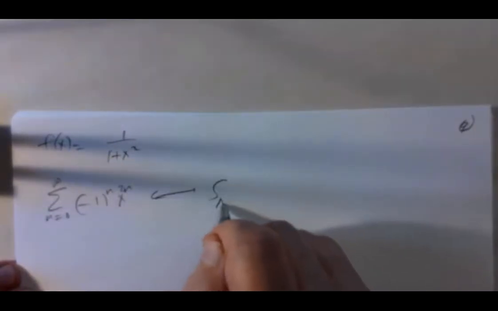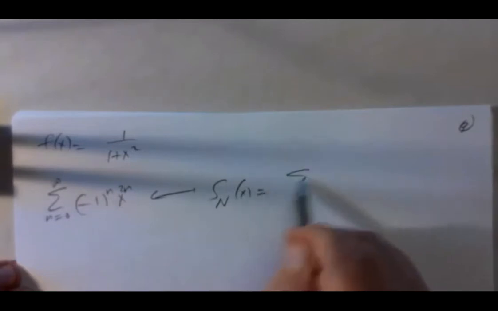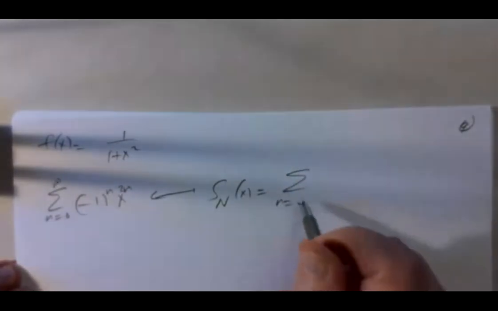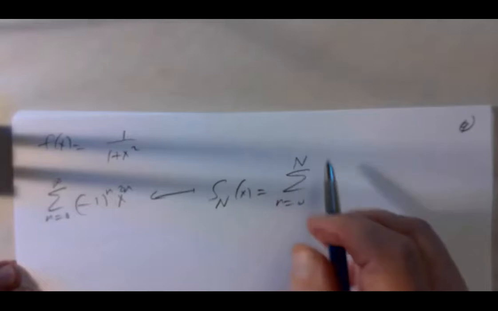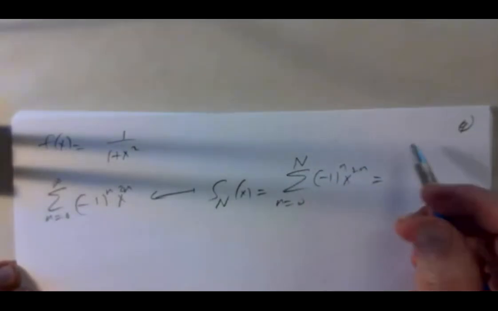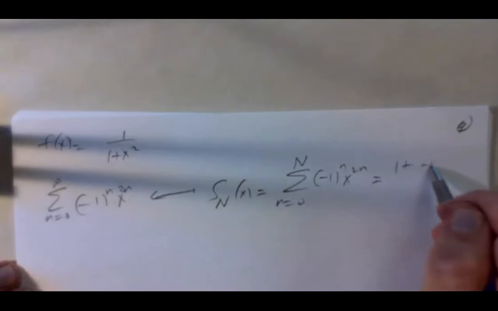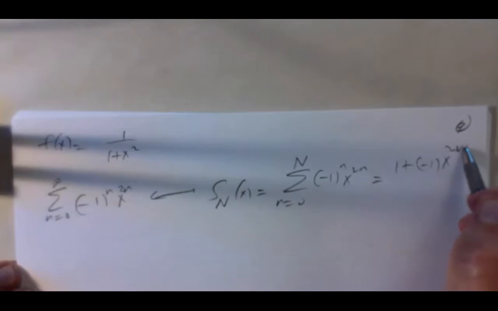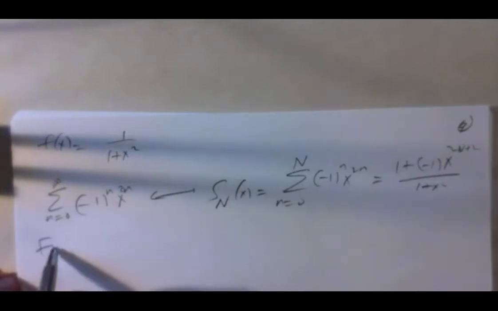And the nth partial sum of that series is just the sum from 0 to capital N, minus 1 to the n, x to the 2n, which I just calculated is 1 plus minus 1, x to the 2n plus 2, over 1 plus x squared.